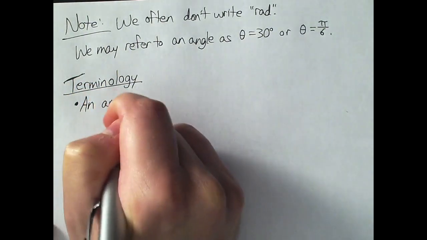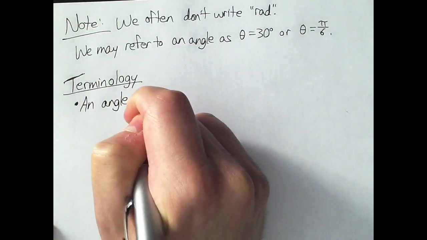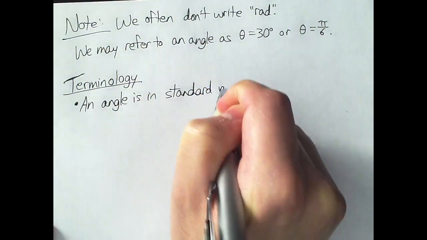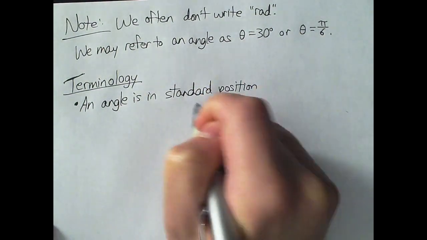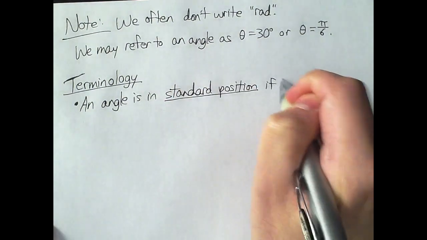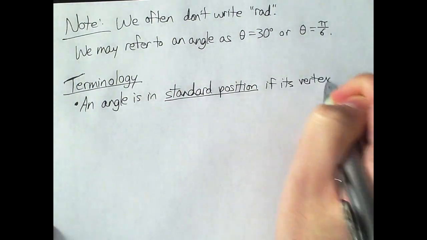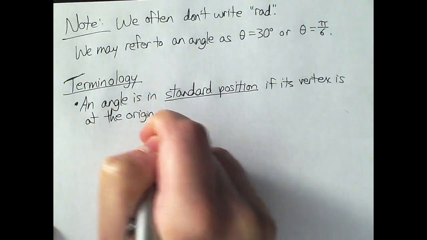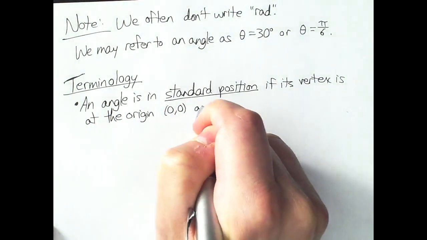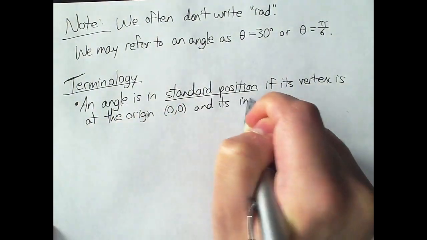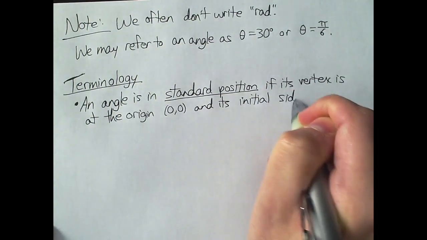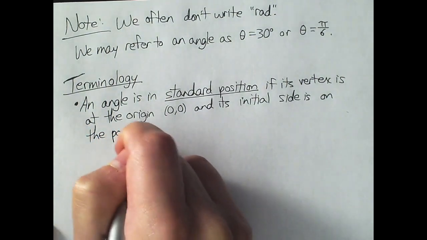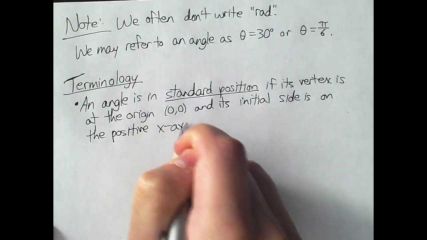We say an angle is in standard position if its vertex is at the origin (0, 0), and its initial side is on the positive x-axis.